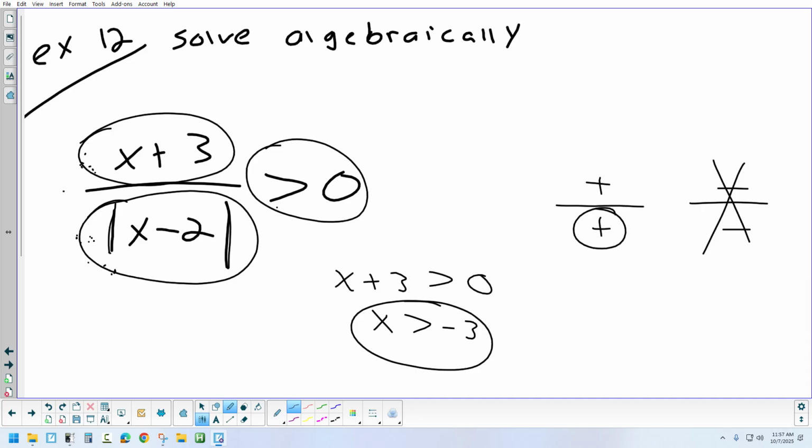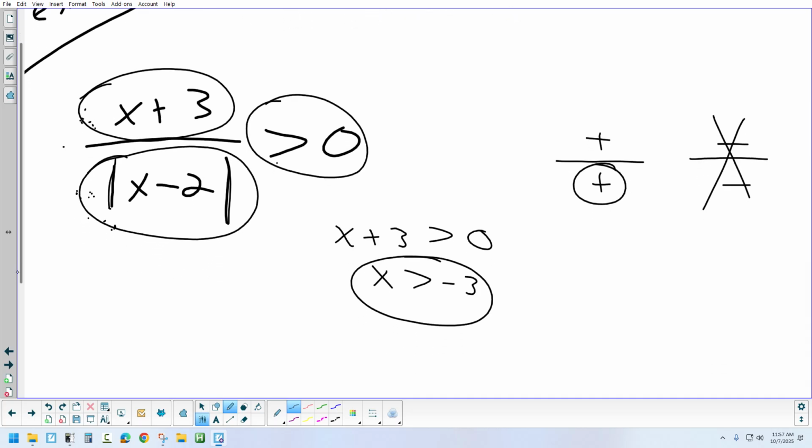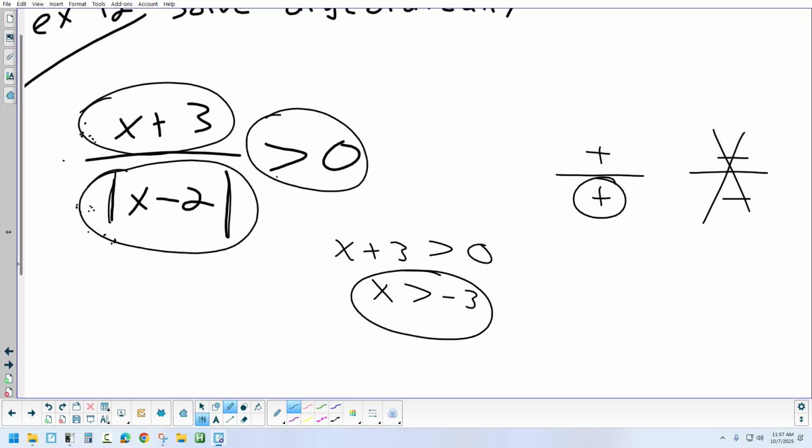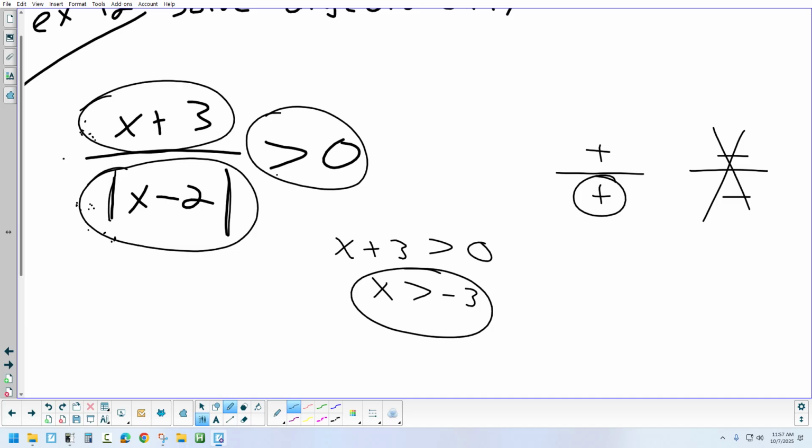Any question on that? Yes. So would the answer just be x is greater than negative 3? Yes. Well, I should add one thing. x can be bigger than negative 3, but it can't be what number? There is one number x is not allowed to be. x can't be 2, so technically I should add that in.